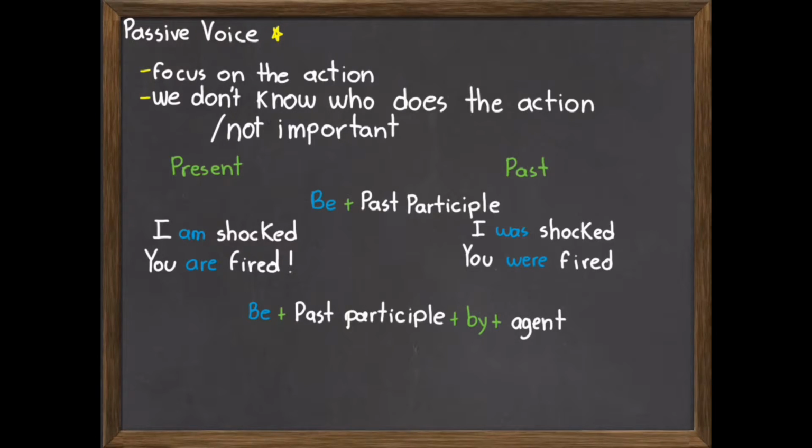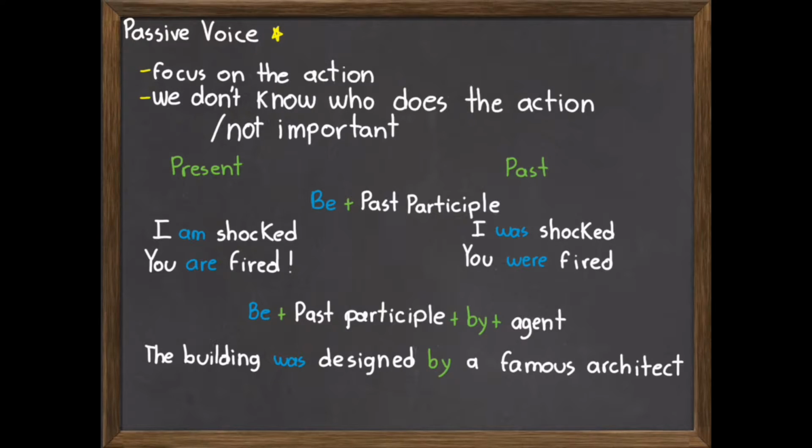For example, the building was designed by a famous architect. Here the subject would be the building. Was designed would be the verb that we are focusing on, the action. By a famous architect would be the agent, the person who did the action.